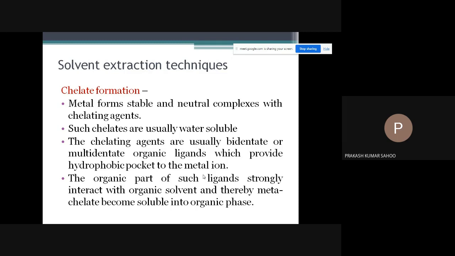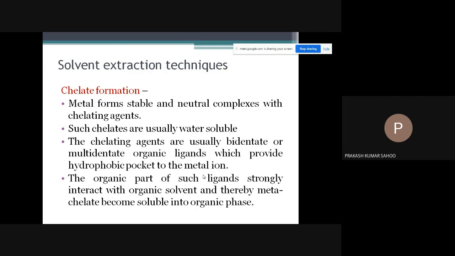So such chelates are usually water soluble. The chelating agents are usually bidentate, which I already discussed, the bidentate ligand ethylene diamine, and multidentate, that is the hexadentate ligand EDTA, ethylene diamine tetraacetate ion. These are organic ligands which provide a hydrophobic pocket to the metal ion. Hydrophobic means hatred towards water.